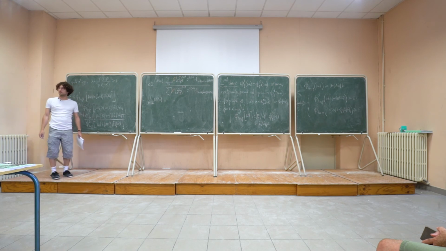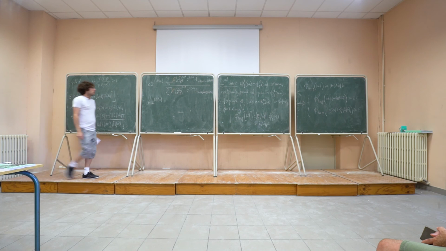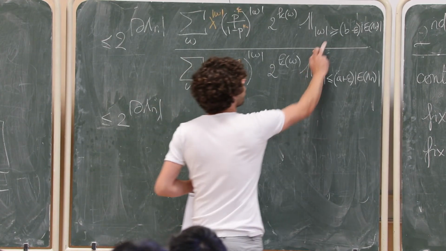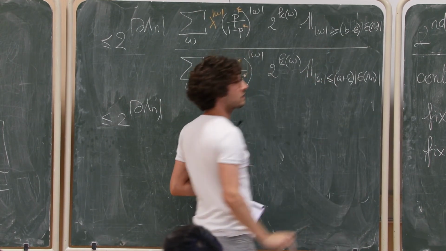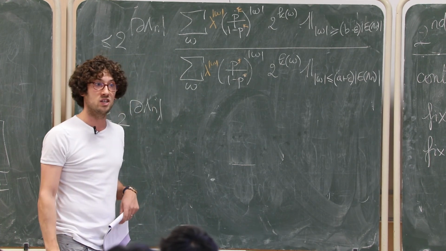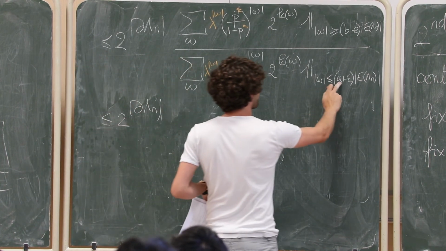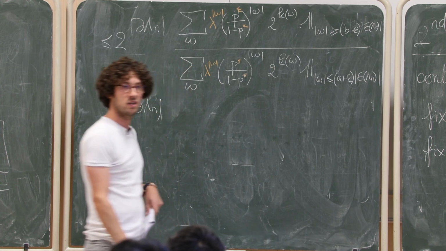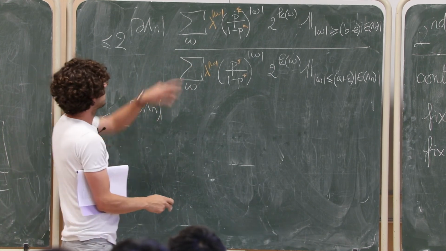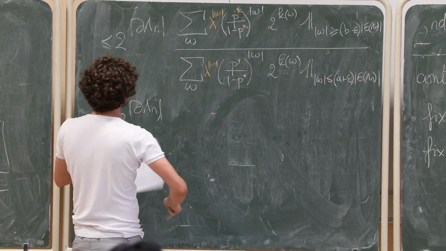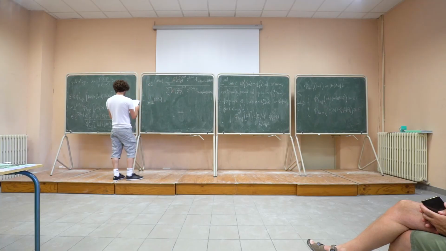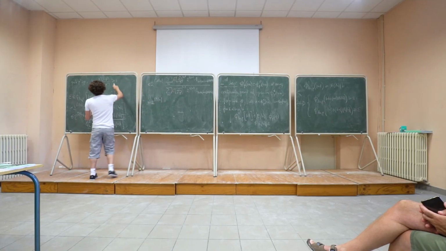Yes. But notice that here, you always have more than b minus epsilon e of lambda n edges. And here you always have fewer than a plus epsilon e of lambda n edges. So this lambda to the omega, why is it not smaller than 1? Ah, no, it is smaller than 1, sorry.